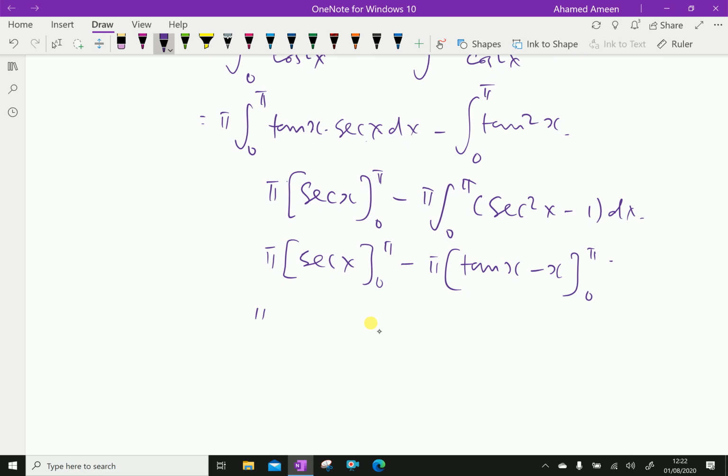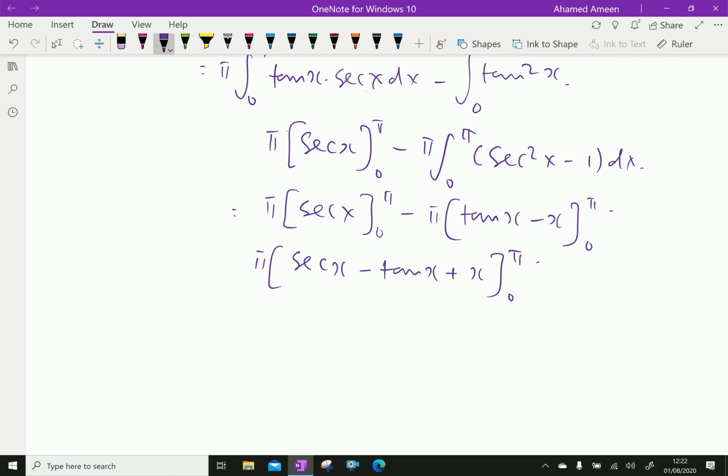So further pi is common, secant x minus tan x plus x, 0 to pi.